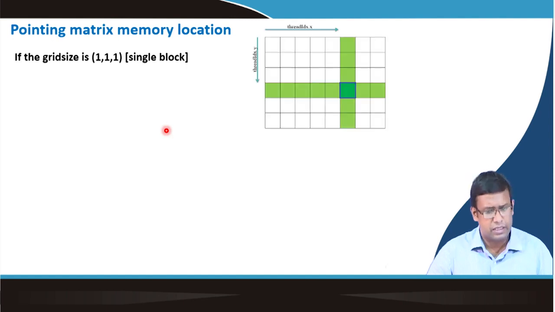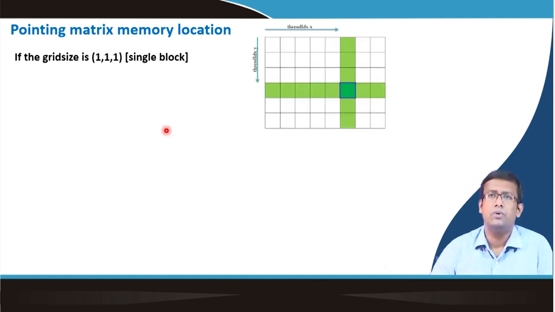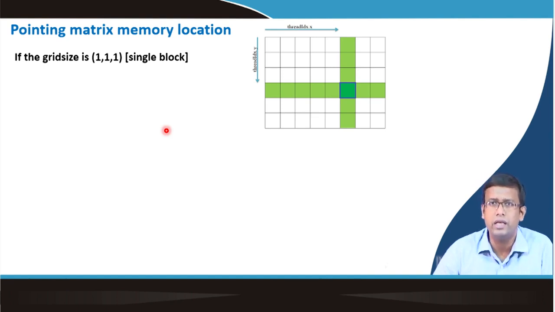And this gives us the issue that my threads will also be utilized to point to the memory location. I will not use any other table or any other pointer to point to the memory location. The thread IDs are the pointers for the memory location.